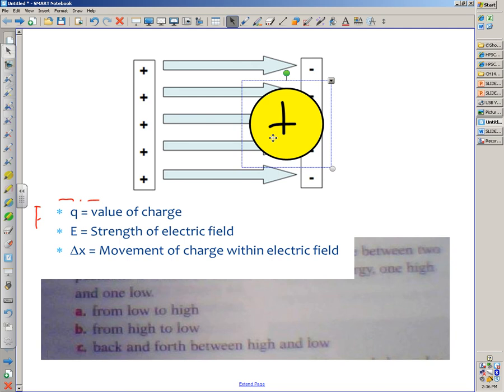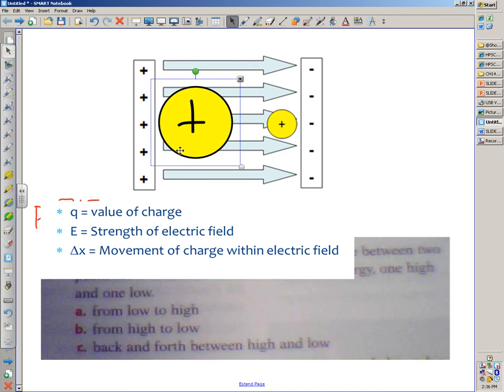If I take this bigger positive charge and move it here, how much does it want to repel the other positive charges that are there? More positive charge wants to repel more positive charge more. I know there's a lot of mores. So the value of the charge relates to how many unbalanced protons or electrons are in this.